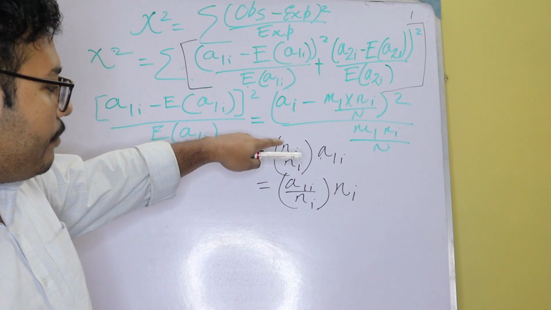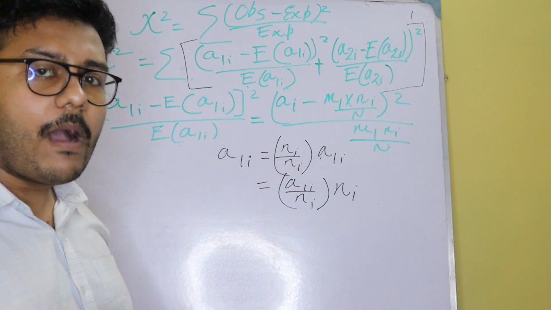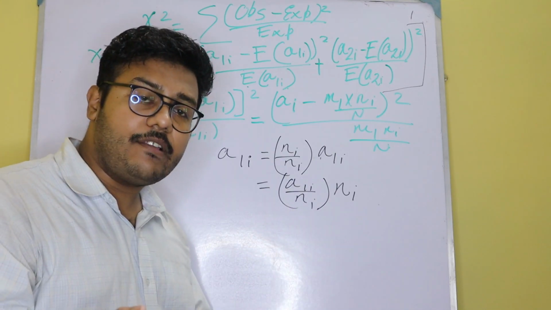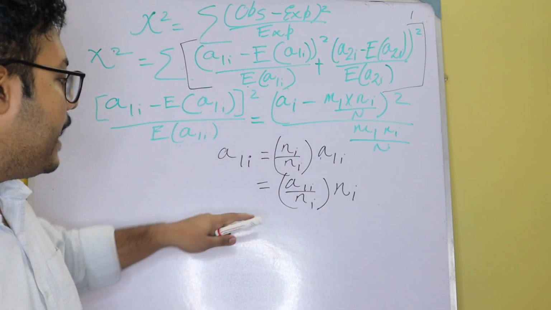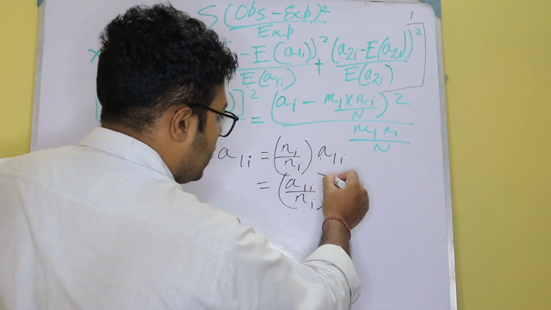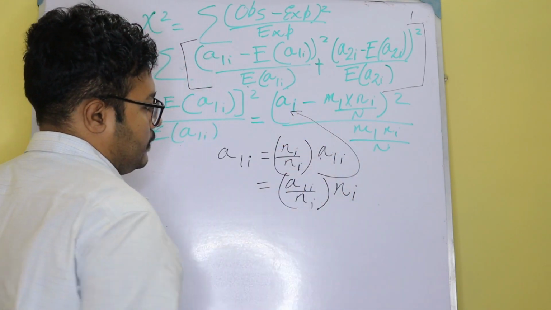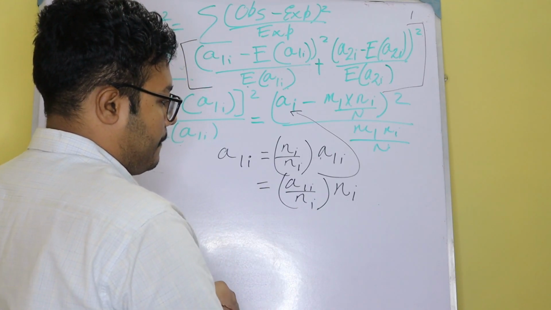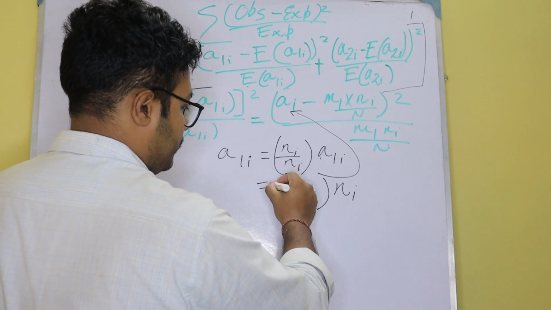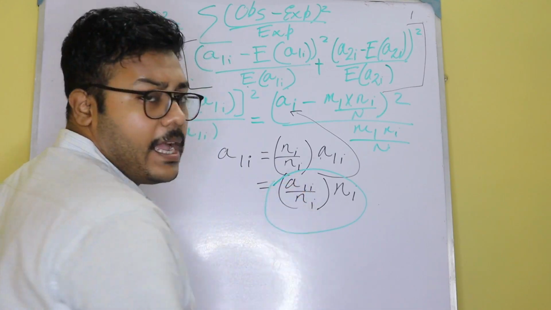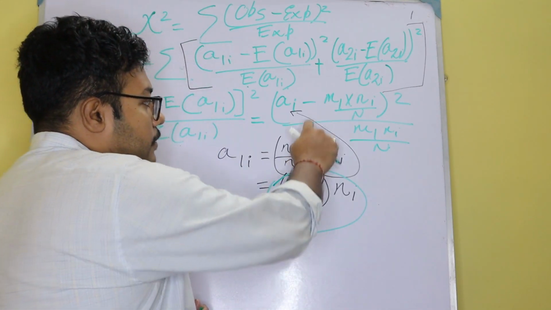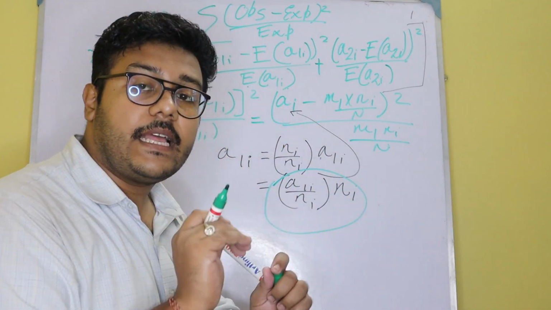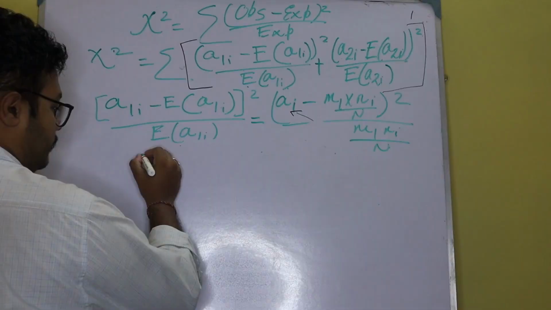See, I am multiplying this ni by ni, so it will become 1. Multiplying anything with 1 will give the same value. So I am putting this like this, and I will put this value here. And I will expand this term more to come to the proof.